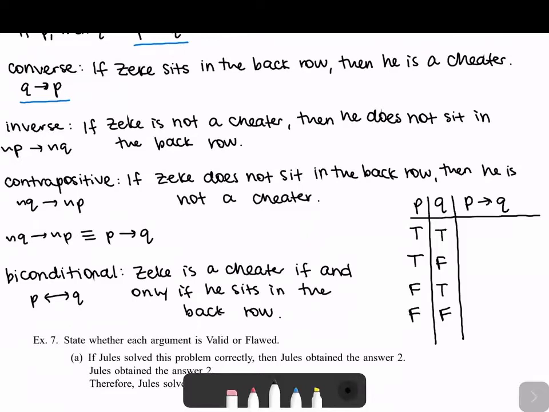The book has an example of this in example 7, on page 26, but I'm going to give you another example of how this works. Let's think about if a parent told their kid, if you do your homework, then you get a cookie. And let's evaluate when that parent is lying to their kid.